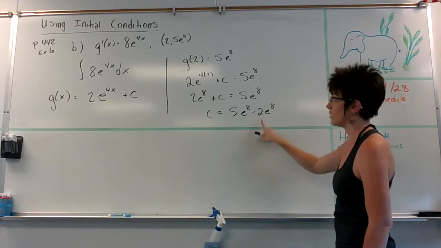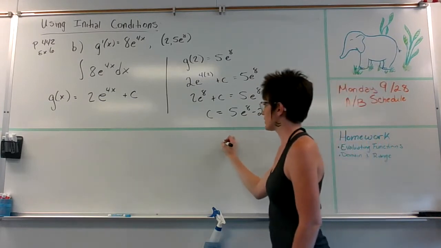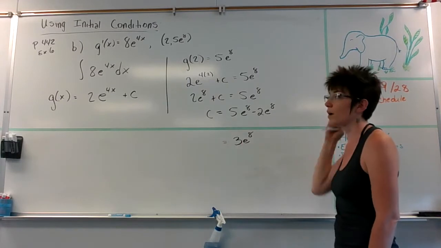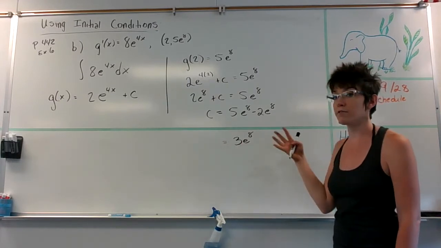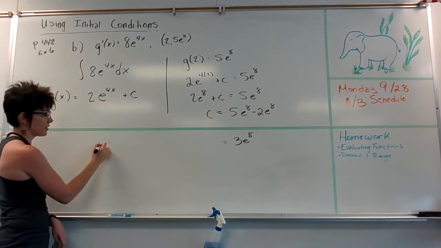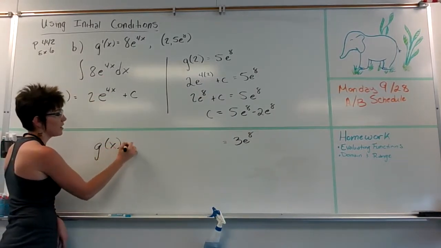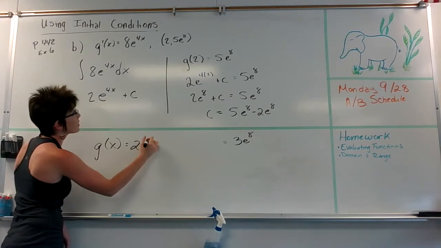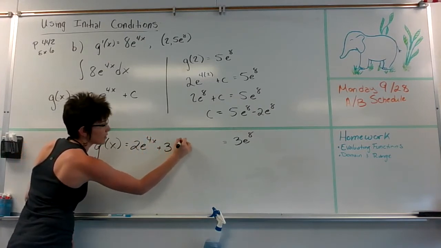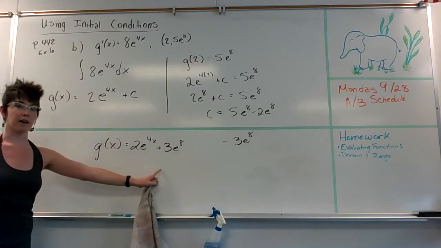There's 5 of them here and 2 of them there. So when I subtract, I just get 3e^8. Okay, so my exact solution for this antiderivative is going to be the function g of x equals 2e^(4x) plus 3e^8.